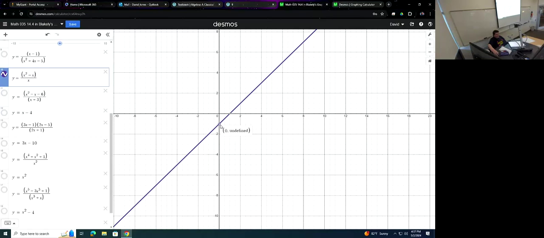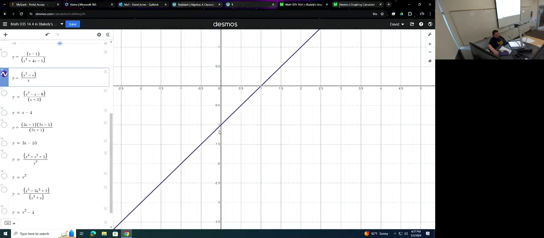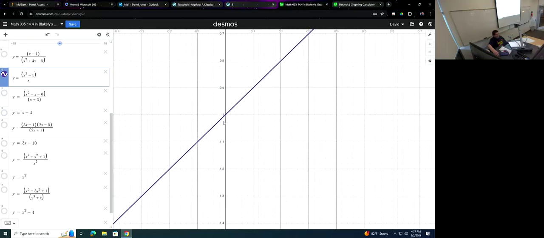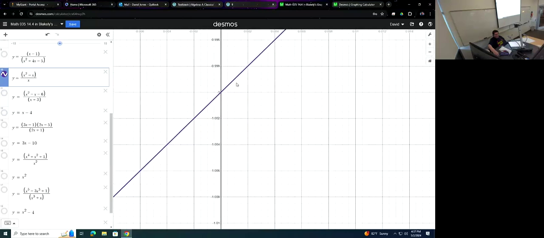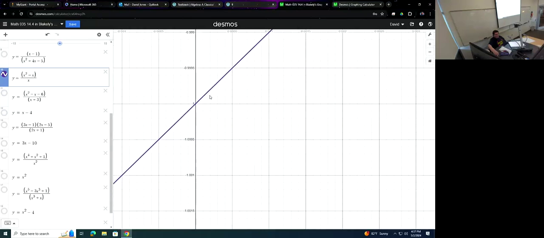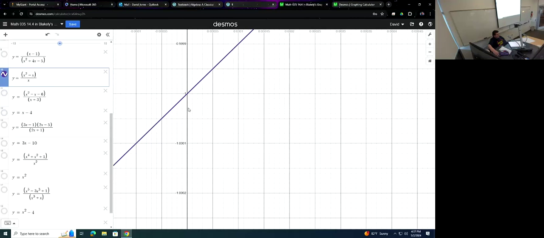Unfortunately, it doesn't matter how much I zoom in on Desmos, you will never see it. No matter how close I get, it still looks like a continuous line. The only time you see it is if you put the cursor over it and show that it's undefined.